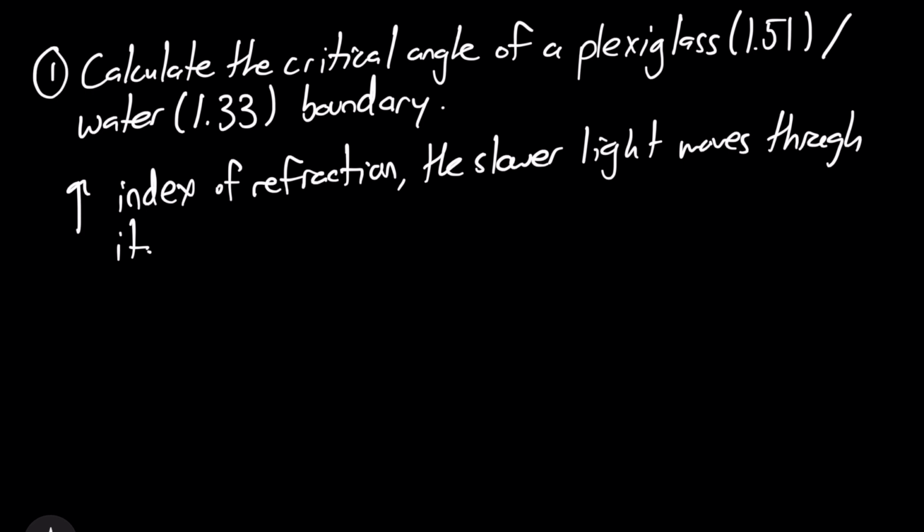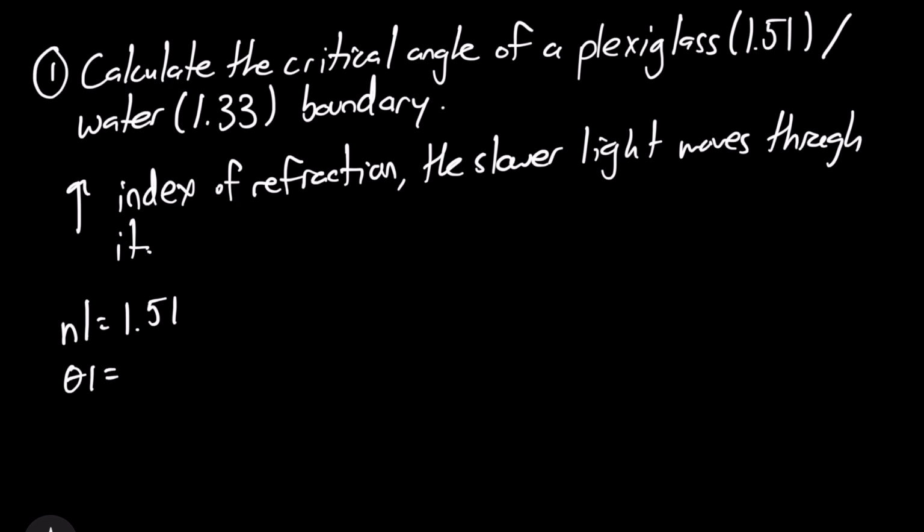So again, let's take a look here. It says that our boundary is between plexiglass and water. Plexiglass has an index of refraction of 1.51, while water has an index of refraction of 1.33. So according to our hint, our N1 has to be the greater index of refraction, so we'll say it's 1.51.